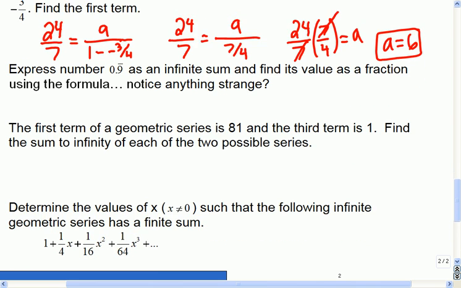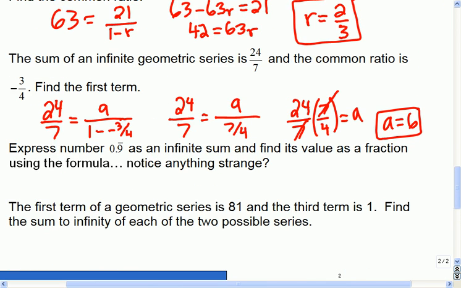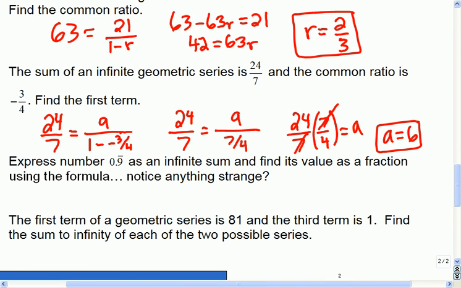Okay. So I'll show you one weird thing that's a little different that you can do with infinite sum. The number 0.9 repeating, okay, so you've seen those repeating numbers in your calculator, we can actually express this as an infinite sum, and it's kind of strange, our results.